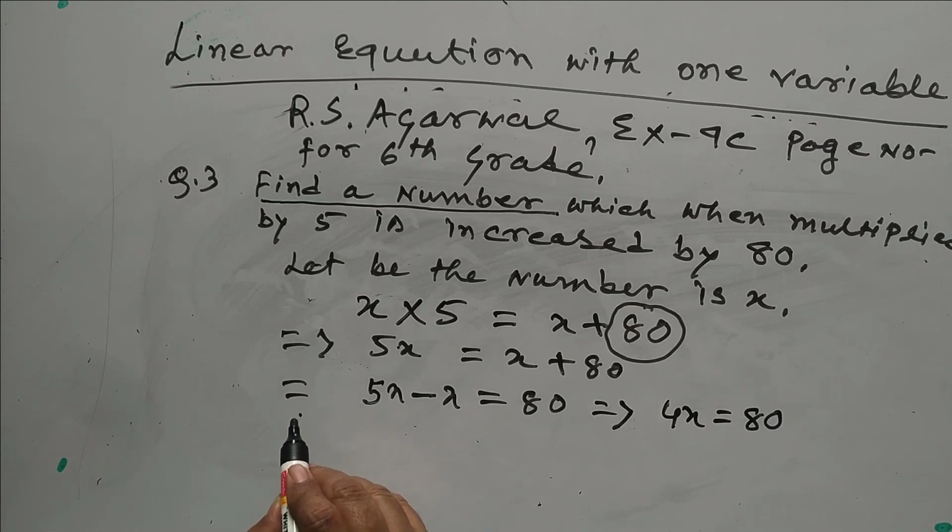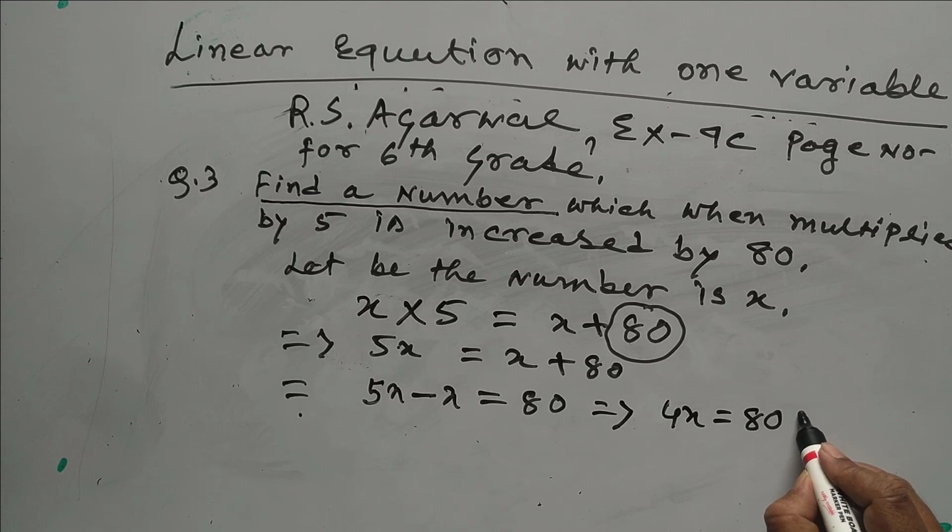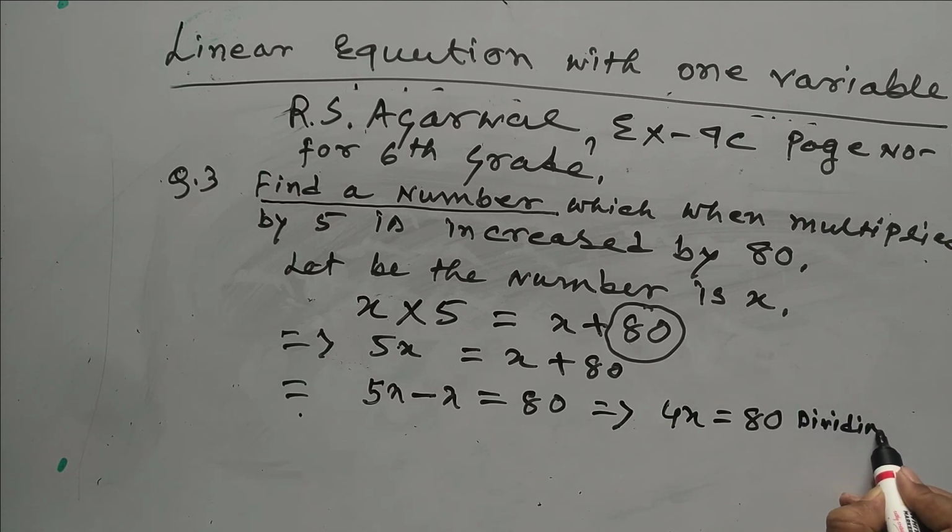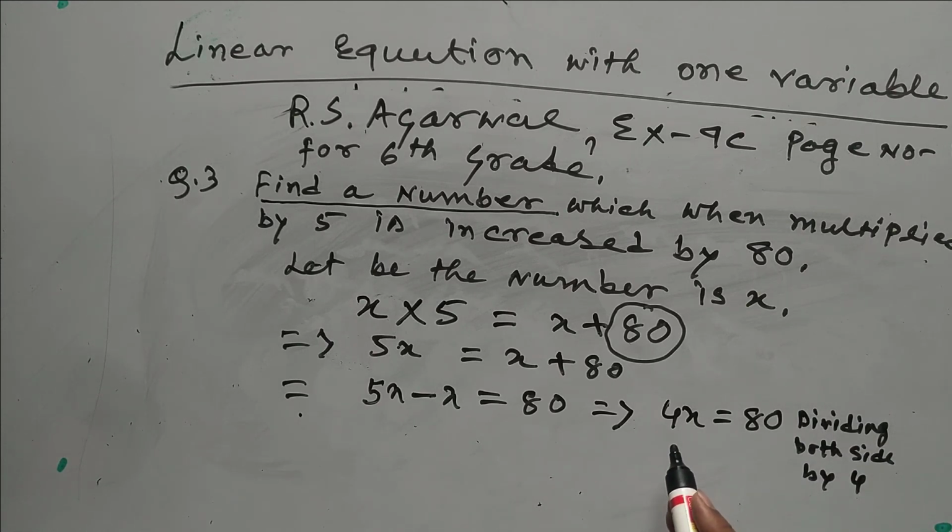Now dividing both sides by 4. Why 4? I have to remove 4 from x, that is why I am taking 4.